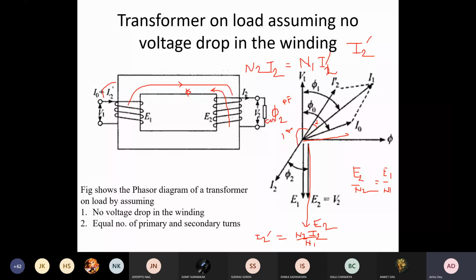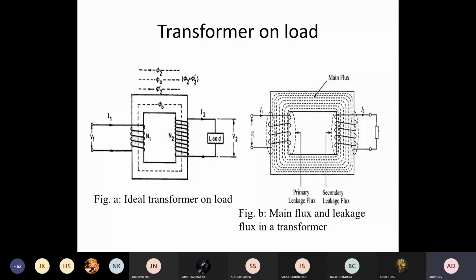So this is the case when there is no voltage drop in the winding and equal number of primary and secondary turns, as shown, but if it is more, then accordingly the value will change. So it is drawn with the same number of primary and secondary turns. It is shown for the transformer on no load. Already we have discussed it. It should have been placed before this diagram actually.